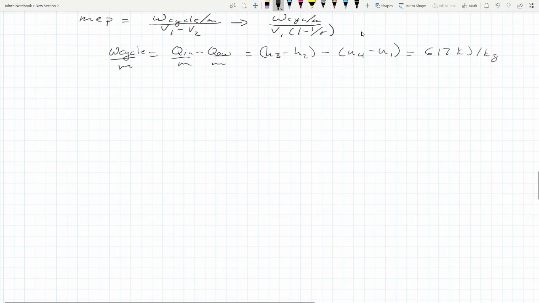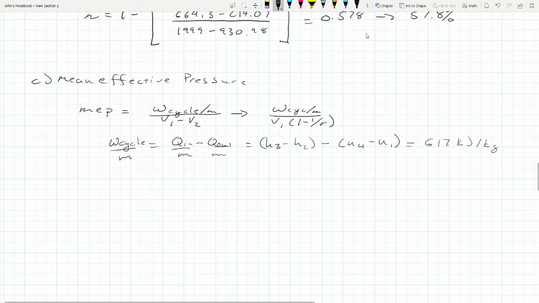Now we have to determine the specific volume at state point 1. So we now have to find that volume. Ideal gas equation: P1 V1 is equal to R M T1. What's R and M? R is the universal gas constant, and M is the molar mass of air.